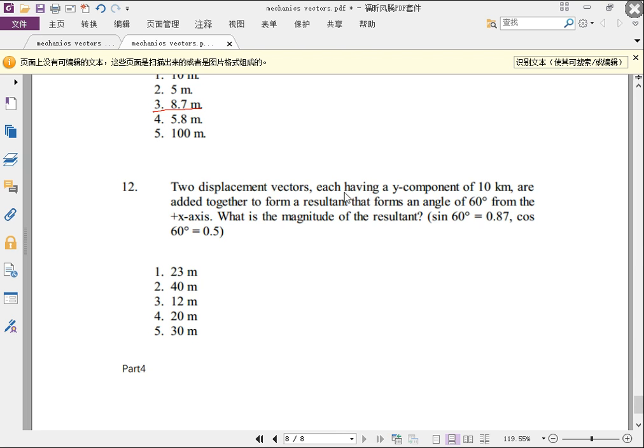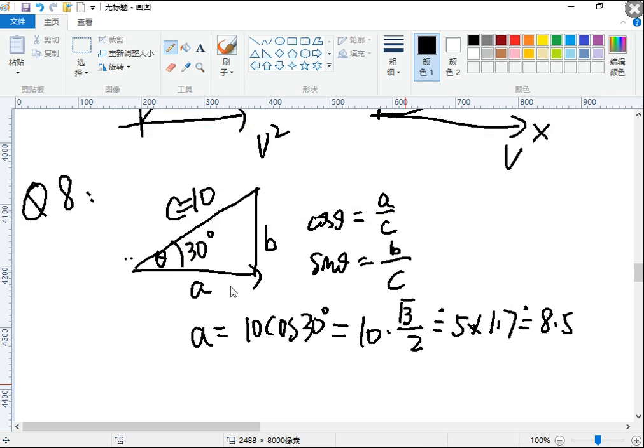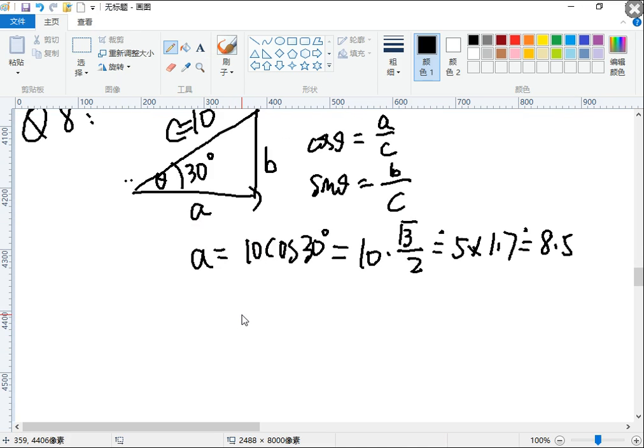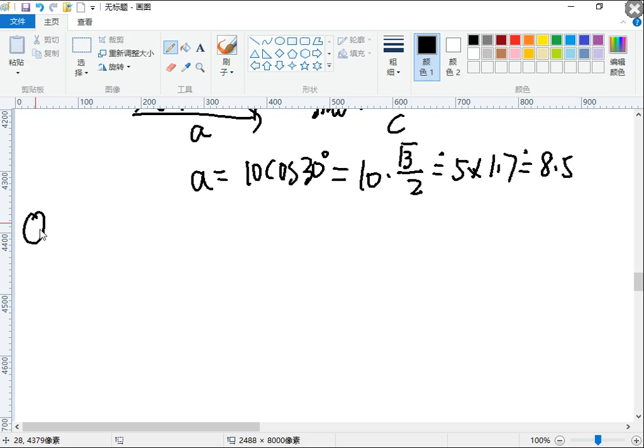Since we know that each vector has a y component of 10, which means finally we will have the y component of 20, and the x component remains unknown, but it doesn't matter. You can always work out what it is.